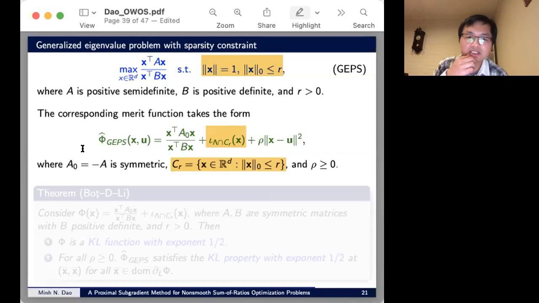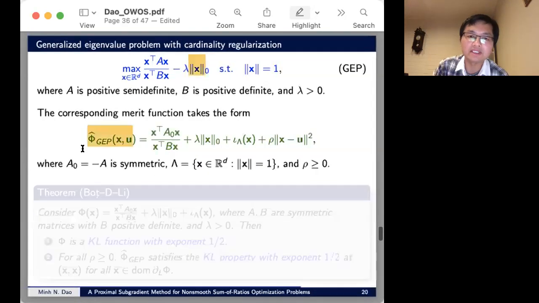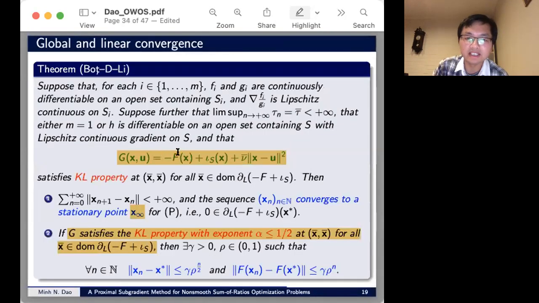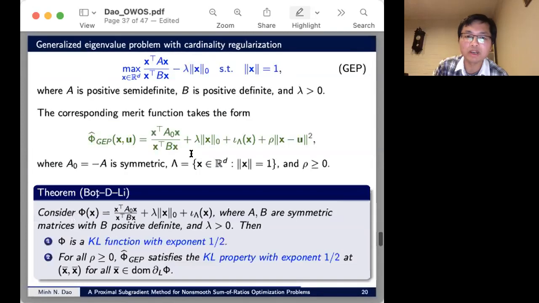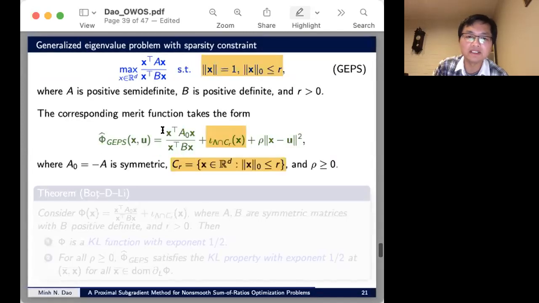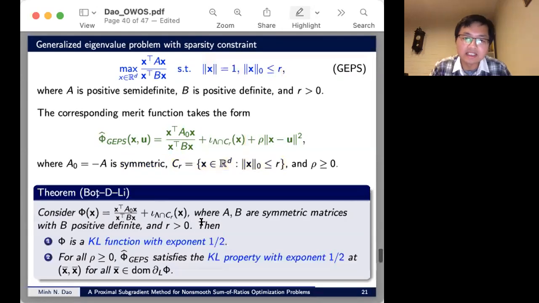So in the merit function we have the minus of fx here. That's why we have A0 equal to minus A. So minus A is not positive semi-definite anymore, but it's still symmetric, and we only need the symmetric property for A in this case.